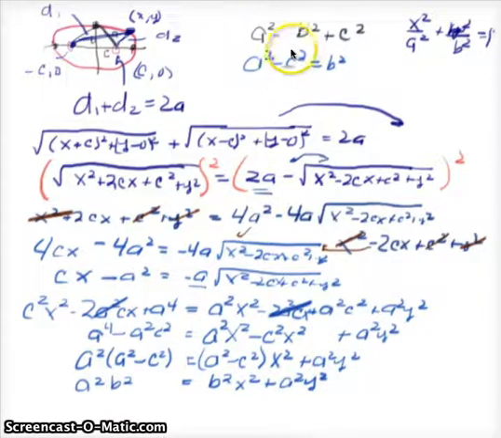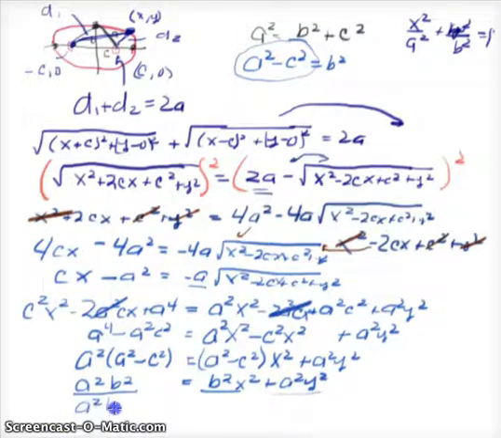Now if we go back up here to the top, a squared is equal to b squared plus c squared. So a squared minus c squared would equal b squared. So wherever I see a squared minus c squared, I can plug in b squared. I did that right here, and I did that right here. Now if we just divide both sides by a squared b squared, what happens? These guys go away, these guys go away.